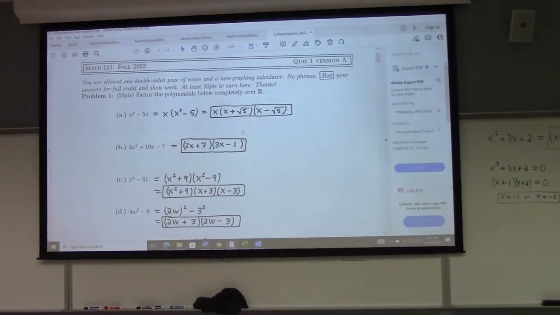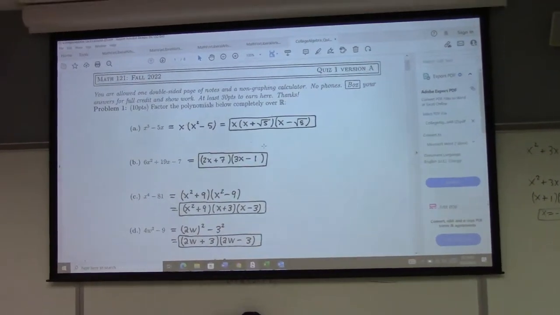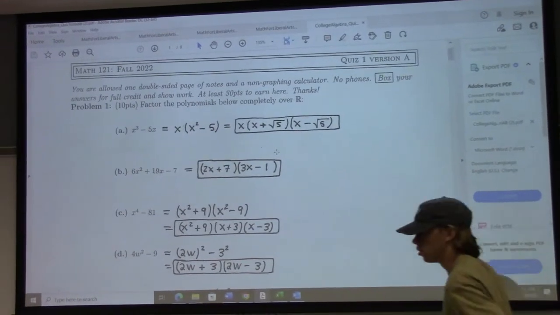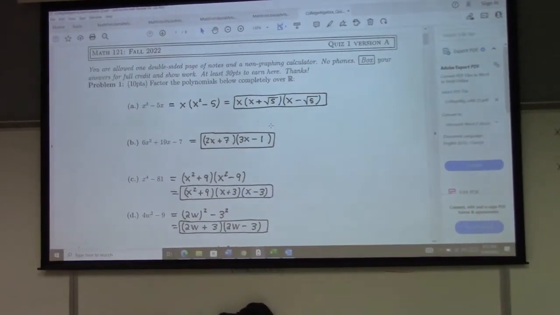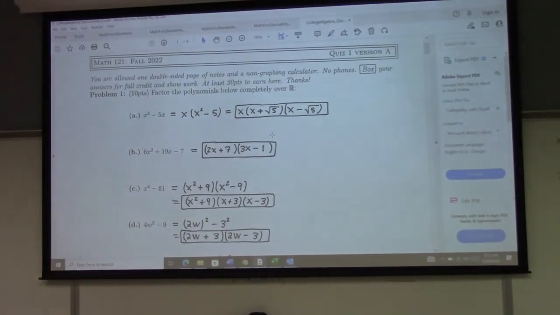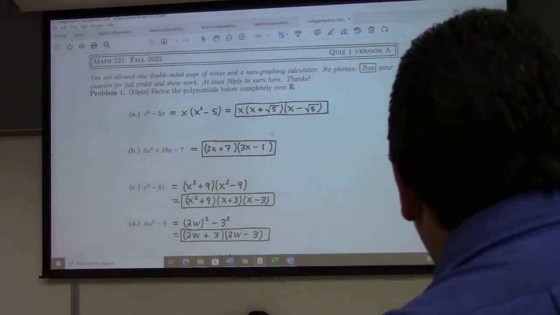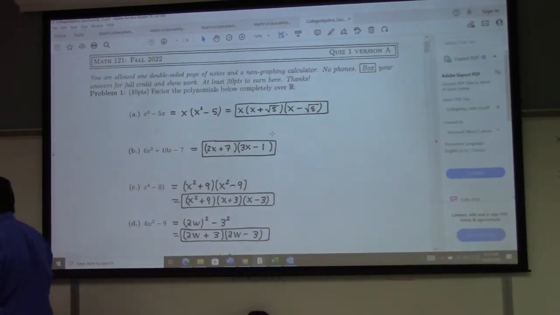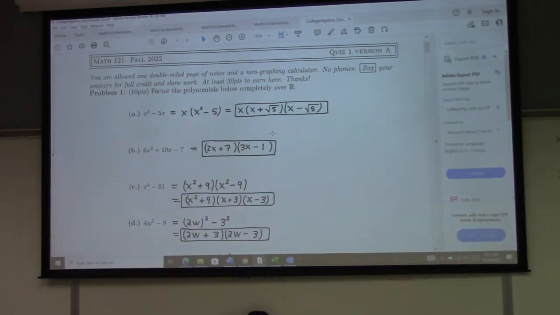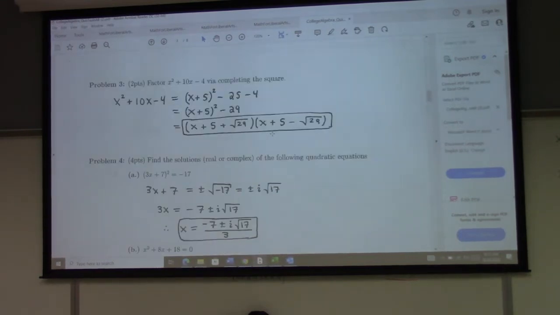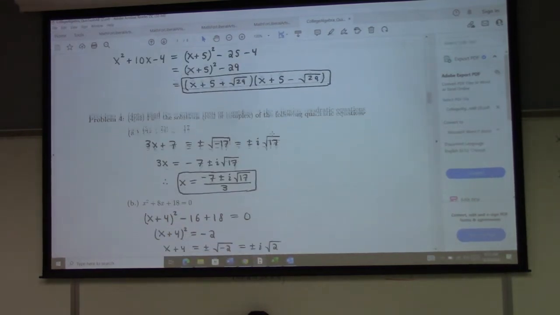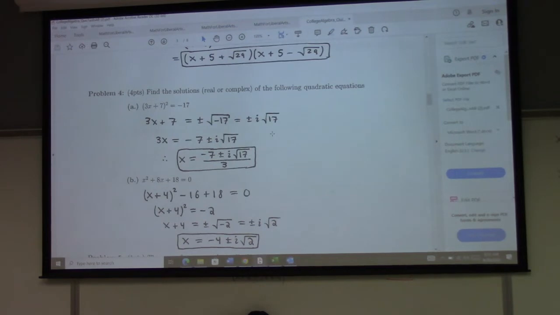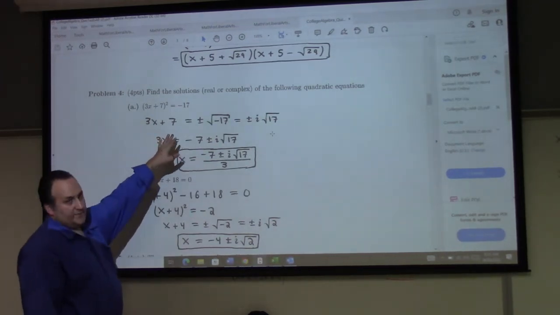So, listen, with complex numbers, the complex numbers will only appear for you guys in solving. Let me show you what I mean. In problem 4, for example, I have (3x plus 7) squared equals -17.